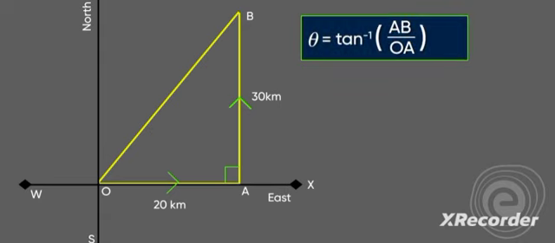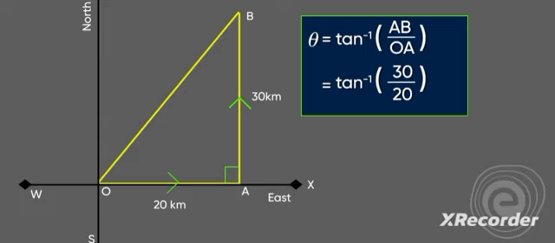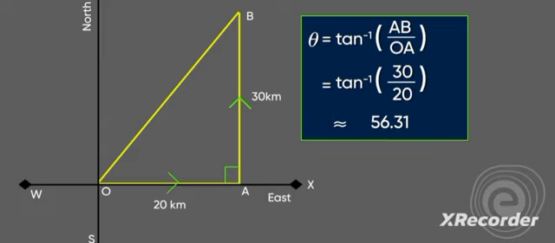The direction of the displacement vector can be calculated as tan inverse 30 by 20, that is approximately 56.31. So, the direction of the displacement is 56.31 degrees in the northeast direction.